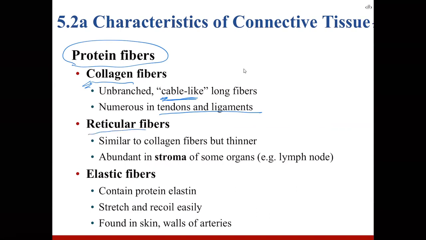Now reticular fibers, I always think reticular, like endoplasmic reticulum. So that's a network. They are in your lymph nodes and they kind of provide this mesh network. And then elastic fibers, they kind of make sense, right? They have a protein called elastin and they're going to allow things to stretch and recoil.